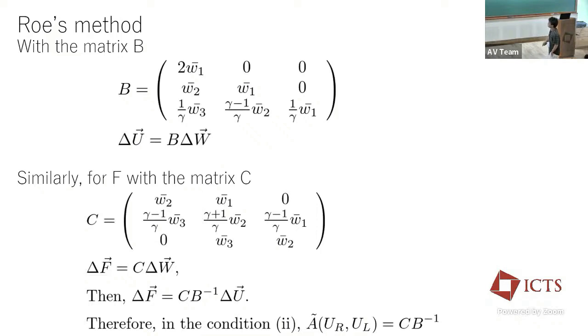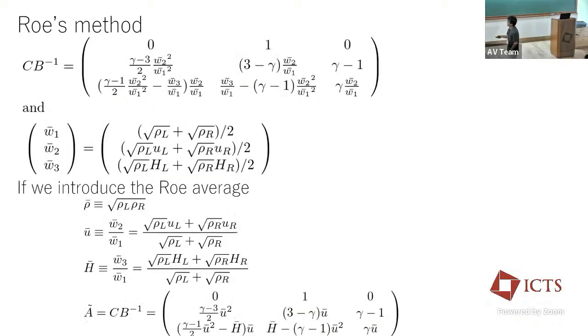So the condition 2, which should be satisfied for the Rankine-Hugoniot relation, is that A tilde is given by C times the inverse matrix of B. So the concrete expression for C B^-1 is given by these equations, and u1 bar is given by this expression.